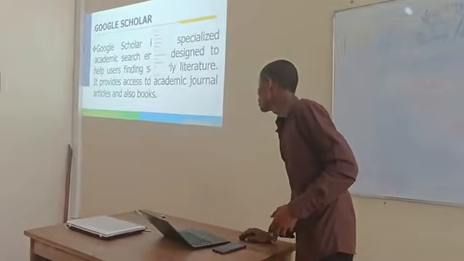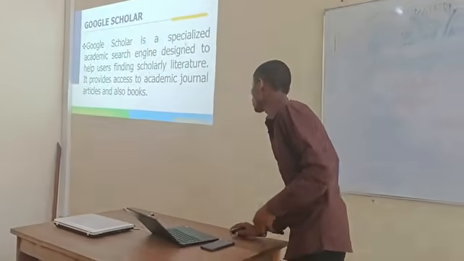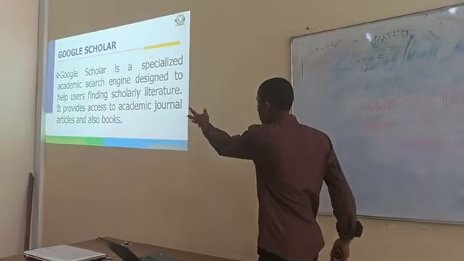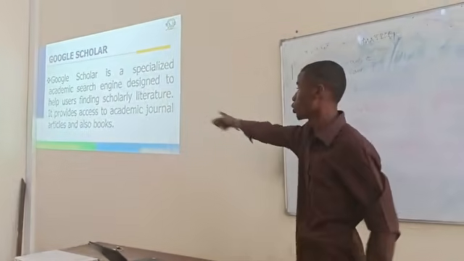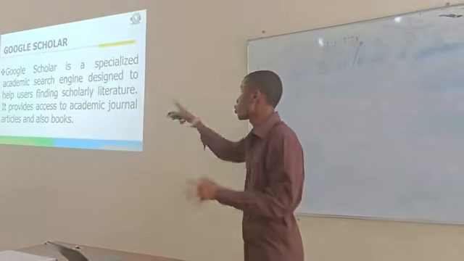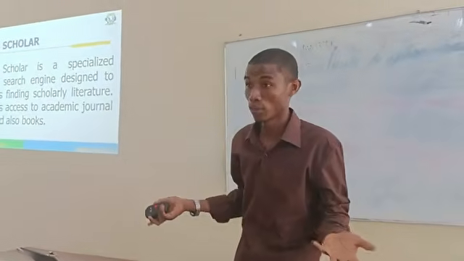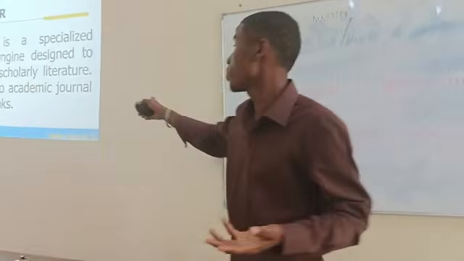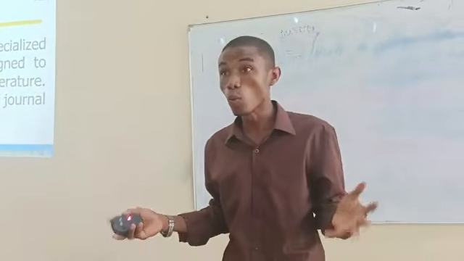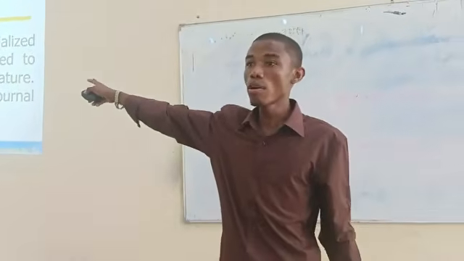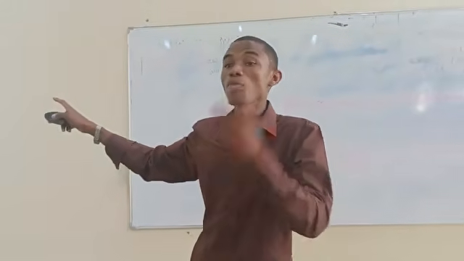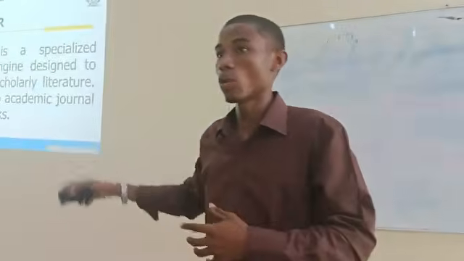Google Scholar is a specialized academic search engine designed to help users find scholarly literature, or we can say it improves access to academic journals, articles, and also books. This is one of the sources used in searching for authentic academic resources online.